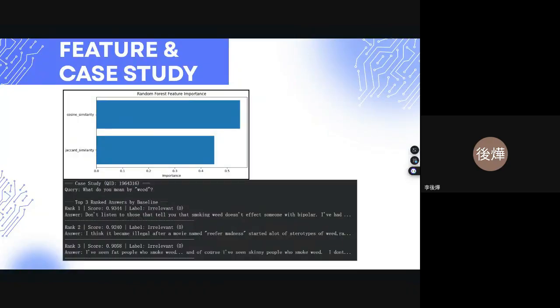The top 3 recommended answers have scores over 0.9, but they are all wrong. They discuss movies or personal stories simply because they contain the word weed multiple times. The model sees the keyword match but fails to understand the actual semantic intent. Next page.